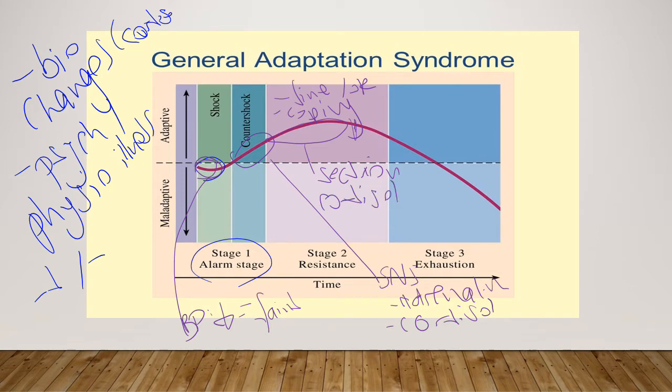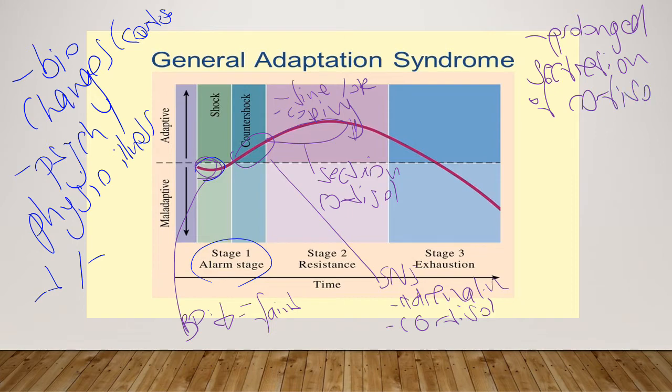Now, because that is happening, all of our body functions that are not vital for survival are shut off, okay? Now, when we have the prolonged secretion of cortisol, then what happens is this will decrease the immunity, okay?